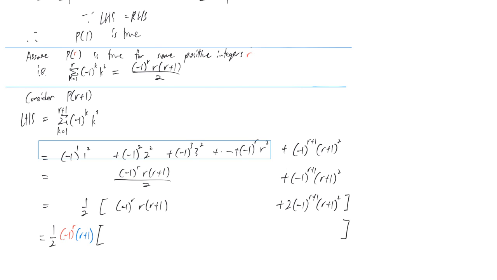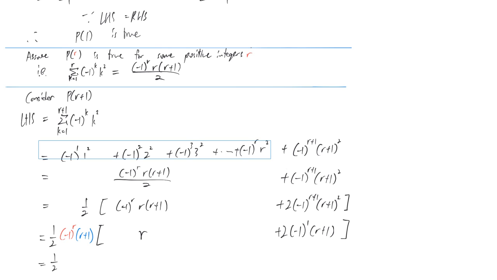And then we are going to check each term to see which one is left. This one is removed, and r plus 1 is removed, so only r is left from the first term. From the second term, positive 2 is here, and negative 1 to the power of r is removed, so only the power of 1 is left, and also r plus 1 to the power of 1 is left.